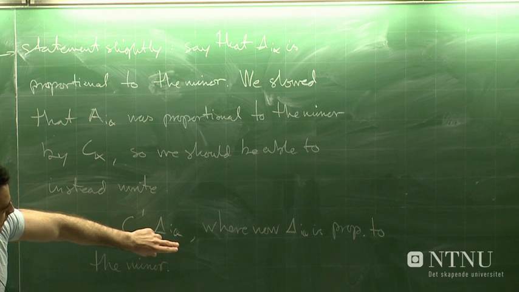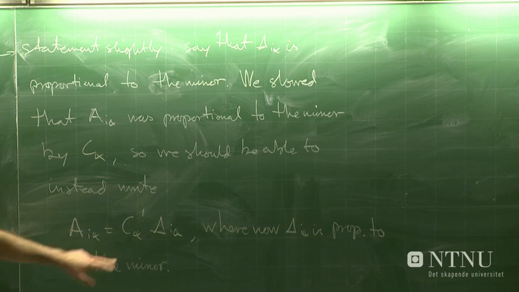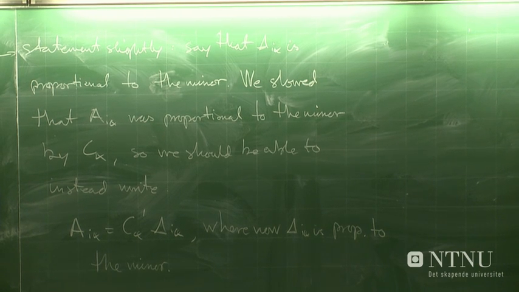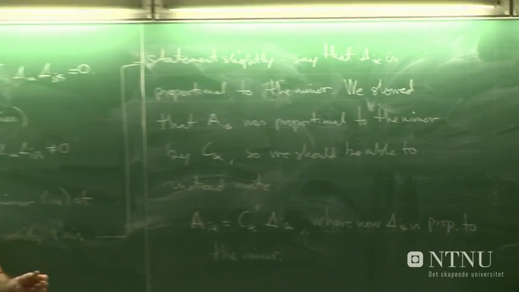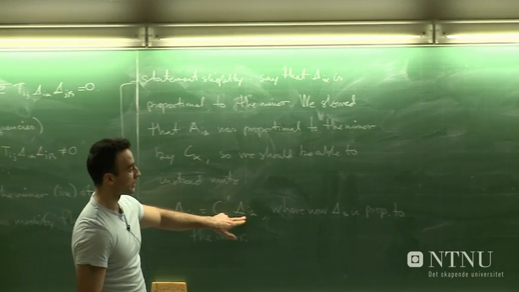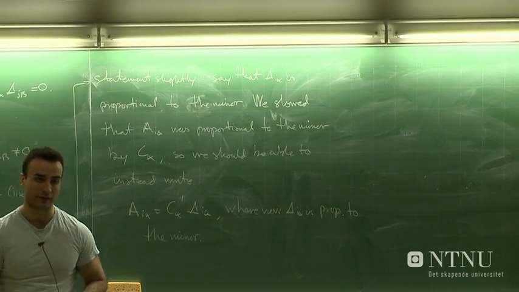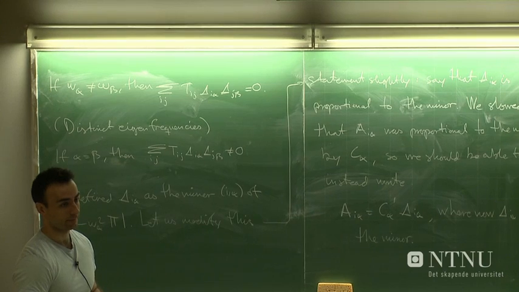So I'm basically absorbing the proportionality constant from delta I alpha to the cofactor into this new coefficient. You see how I mean? And we see that this coefficient doesn't enter this expression at all. So I should be allowed to do this. I'm basically just choosing new proportionality coefficients so that delta I alpha is now only proportional to the cofactor. And by doing so, the entire derivation that we've done so far is still valid.